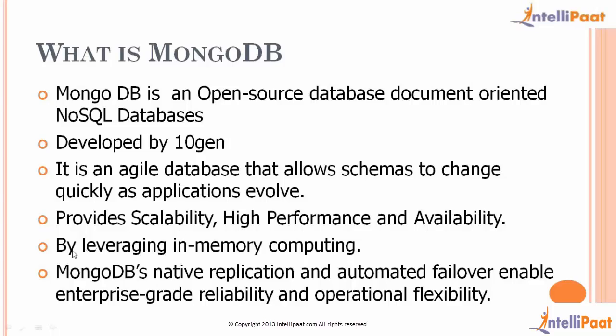The best and most important part of MongoDB is that it leverages in-memory computing. So let's say you are processing your data, it will cache it in RAM and process it, and it will throw the result, which is very, very fast. Also, it provides native replication and automated failover.